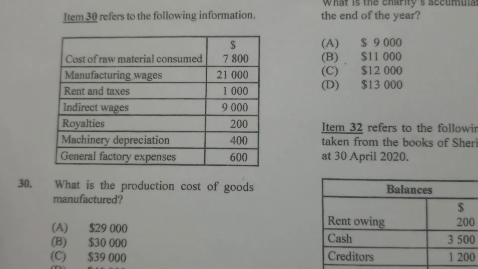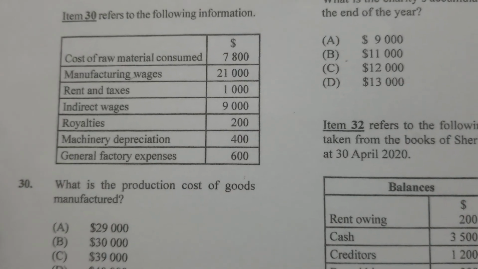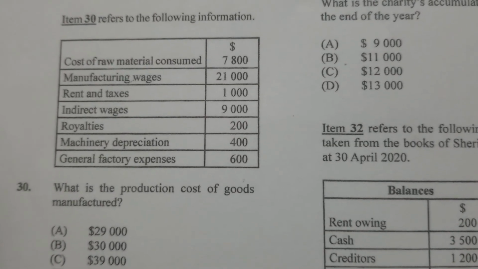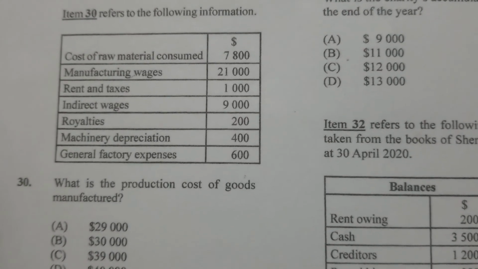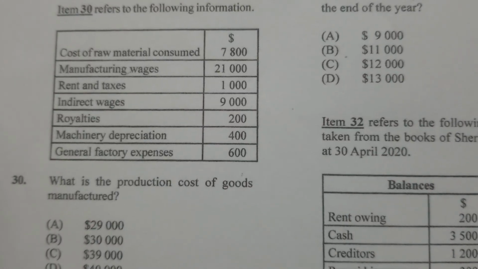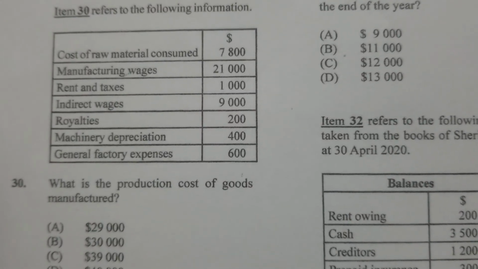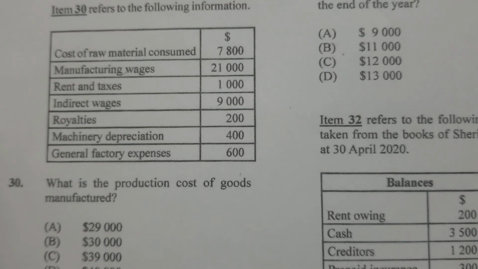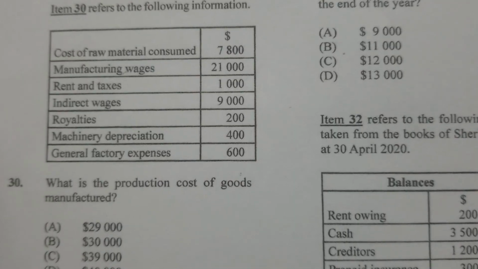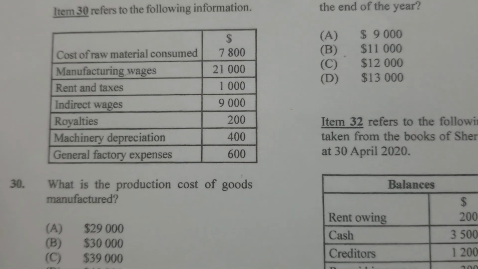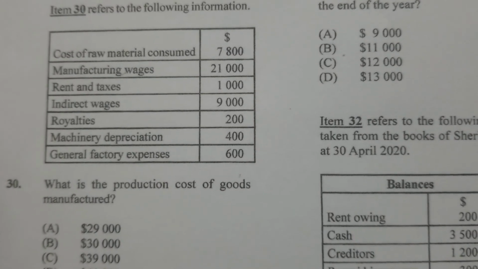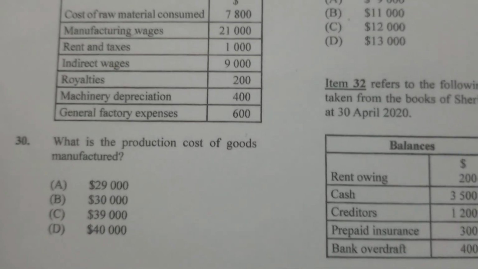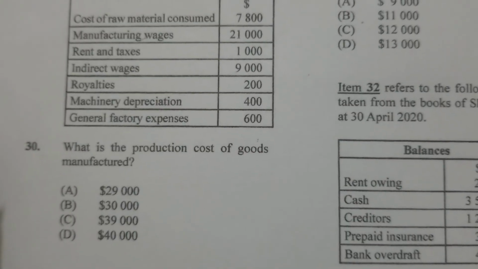Now, what we're going to do is simply add all of the items that are presented, because they will come in the manufacturing account, except rent and taxes. There is nothing indicated in the question that rent and taxes is in relation to the factory. So we are going to add everything together except rent and taxes. Question 30, and therefore the answer will be C, which is 39,000.